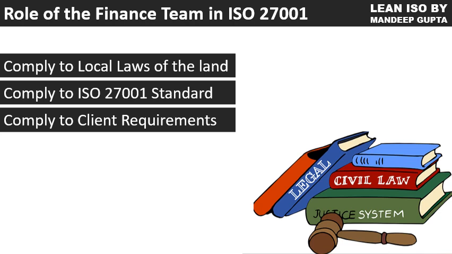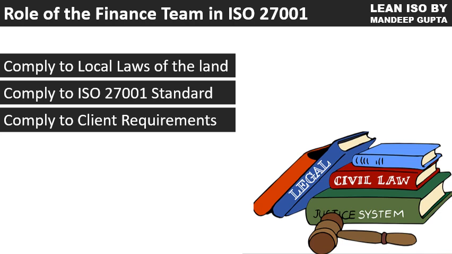Salaries should be paid on time. Any legal matters, they should comply to all the requirements, whatever is required as per the local government guidelines and regulations. They should follow the rules. They should comply with all the laws of the land.